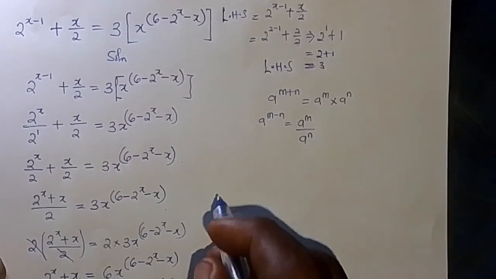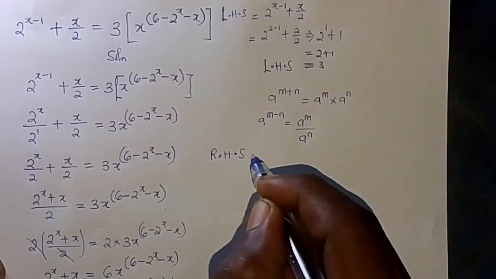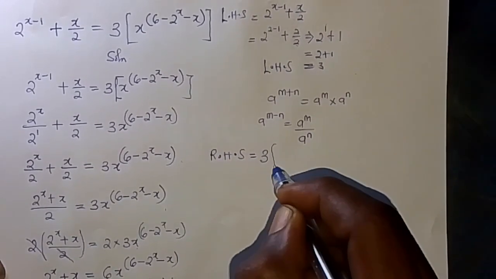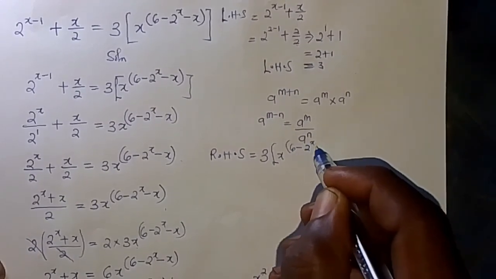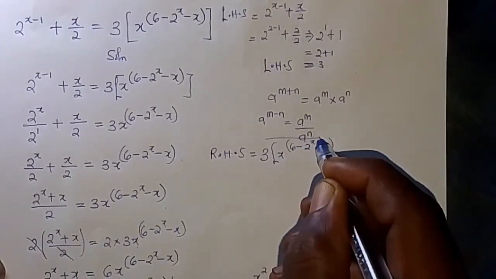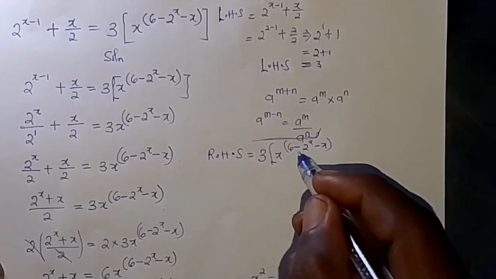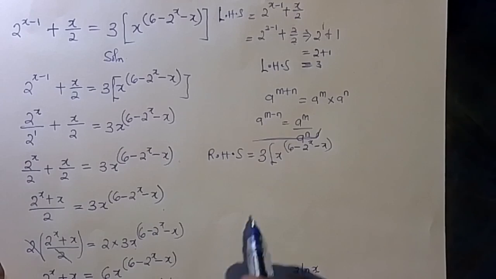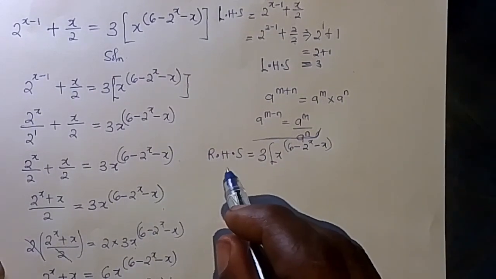Let's check. We are having that the right hand side of this equation equals 3 multiplied by x to the power of 6 minus 2 to the power of x minus x. So right here we are having that this multiplied by the whole of this is the right hand side of the equation.